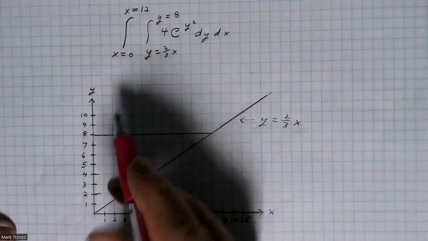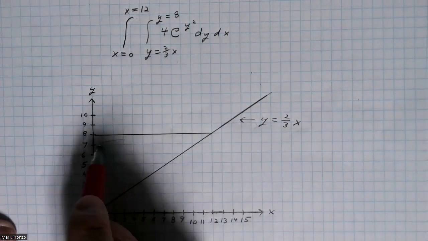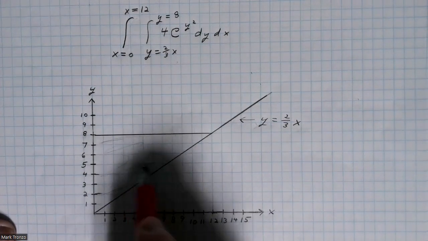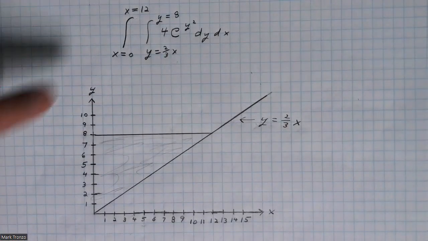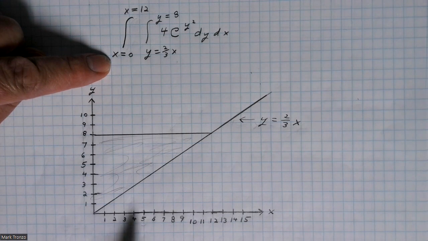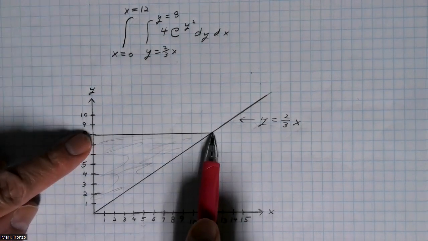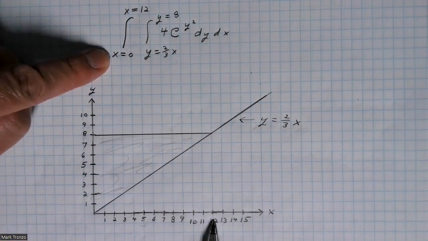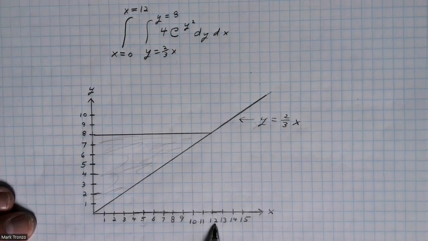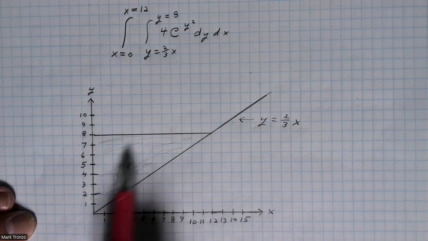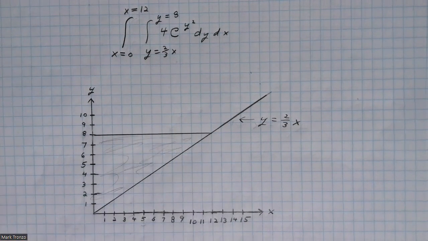It looks like we're integrating over this region in here. When you look at the second bound, it makes sense because we're covered from x equals 0 to x equals 12. So this looks like the correct region.